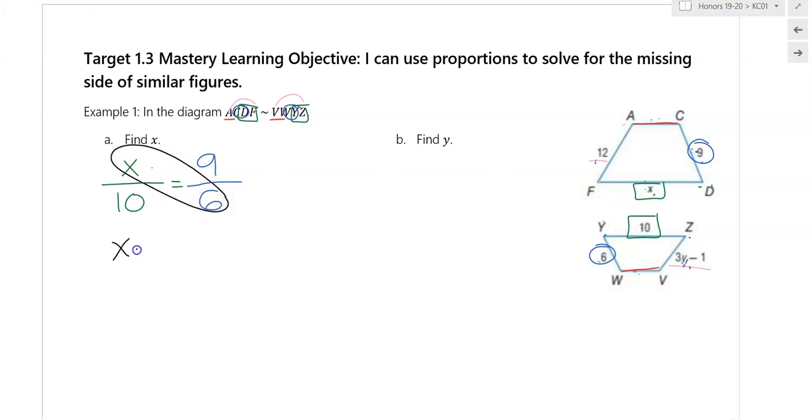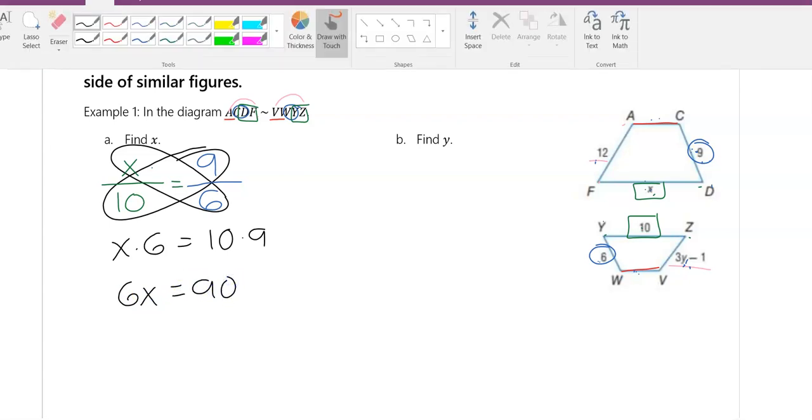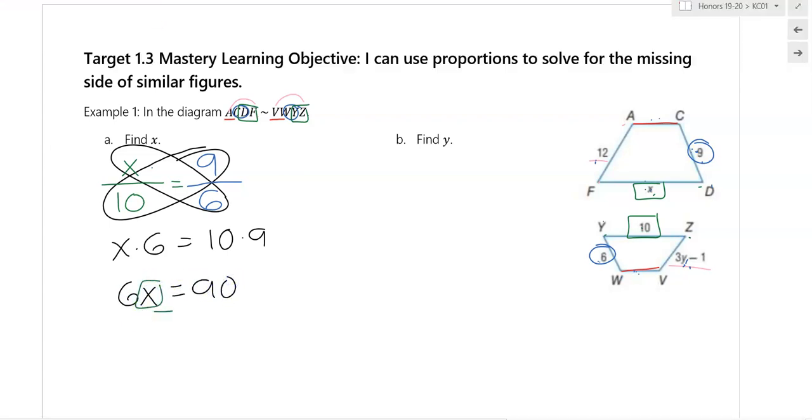So I have x times 6 equals 10 times 9. So 6x equals 90. Our variable is here, so we're going to divide by 6. These cancel. 90 over 6 is 15.